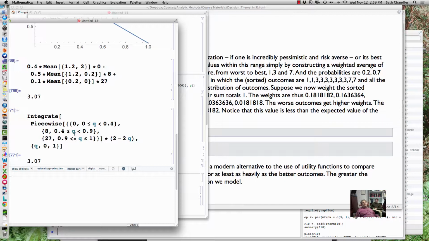The other way to do it, the final way in Mathematica, is to say, look, what we're really calculating is we have a quantile function, which is the inverse CDF function. For every quantile, I can tell you what the result is. And the simplest way to think about this is good old GPAs. Students are really familiar with GPAs.